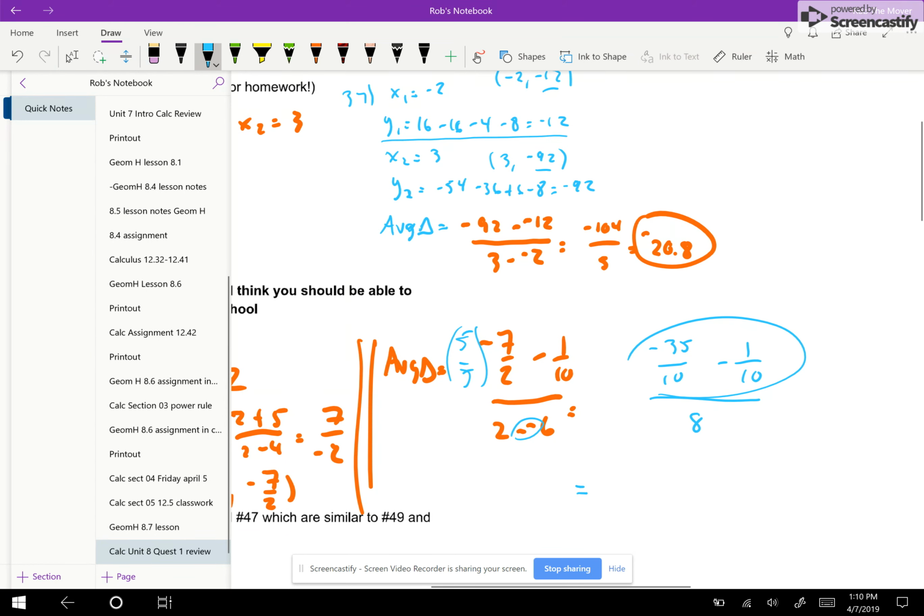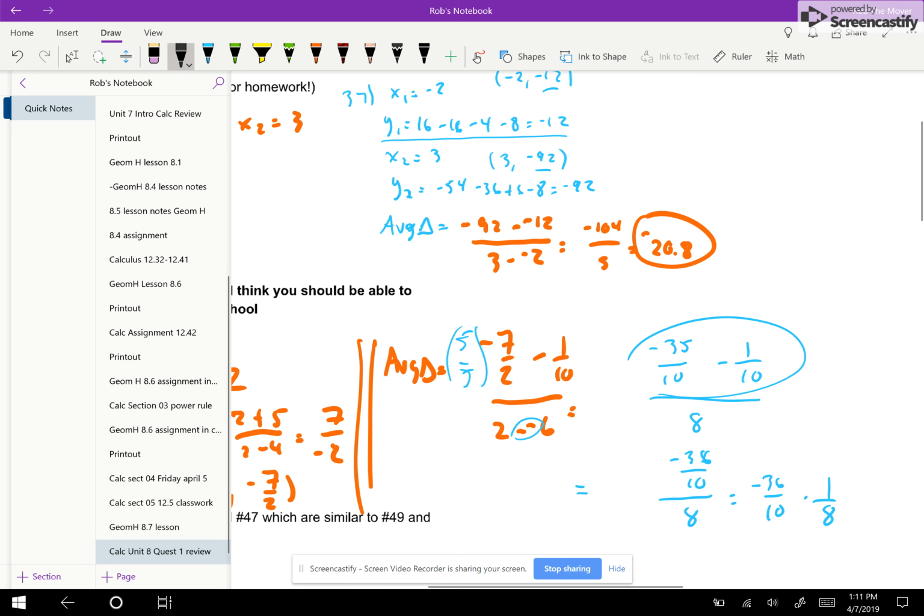These fractions, subtracting, we have the same denominator, so we can subtract. Negative 35 minus 1 is negative 36 over 10, all over 8, which can be rewritten as negative 36 over 10 divided by 8, which is times 1/8, right? Multiplied by the reciprocal of 8, which is 1 over 8.